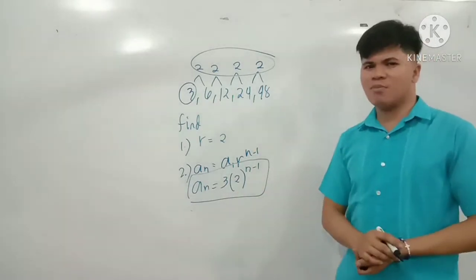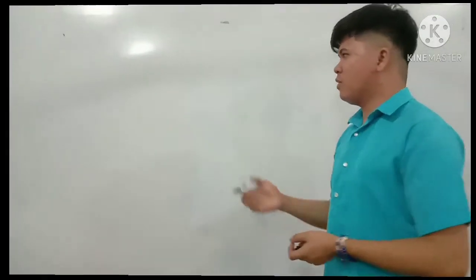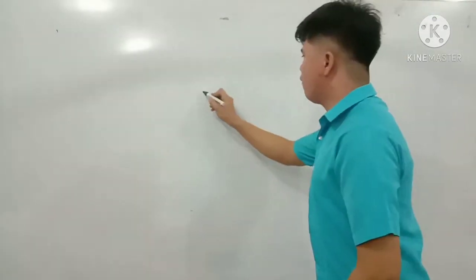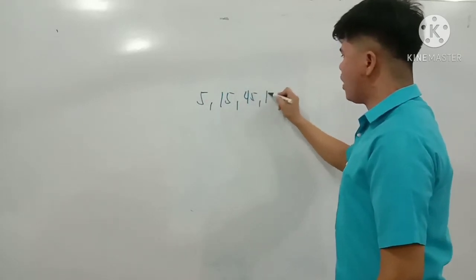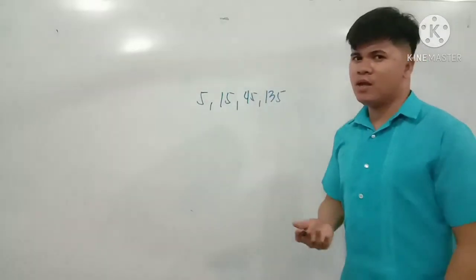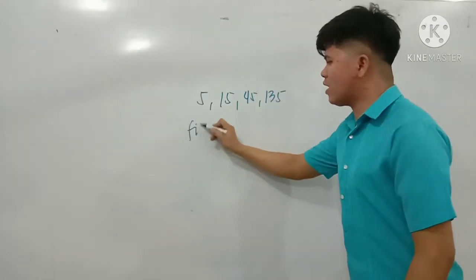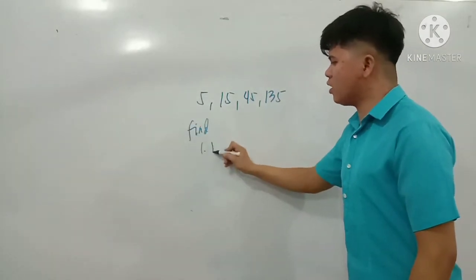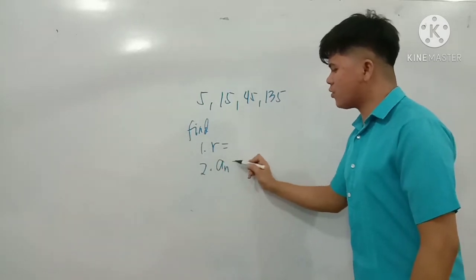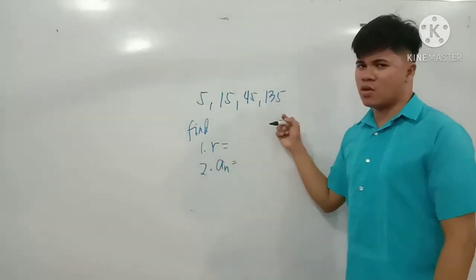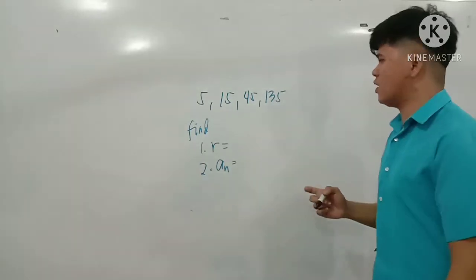Let's try another example. Let's say we have 5, 15, 45, and 135. Again, our task is to find the value of the common ratio and then the general term, or the formula, of this given sequence.